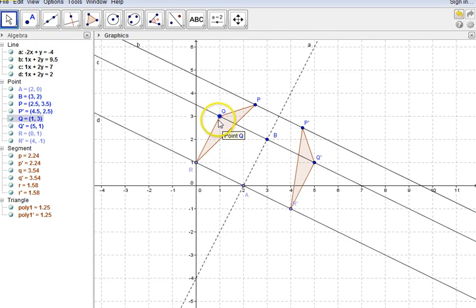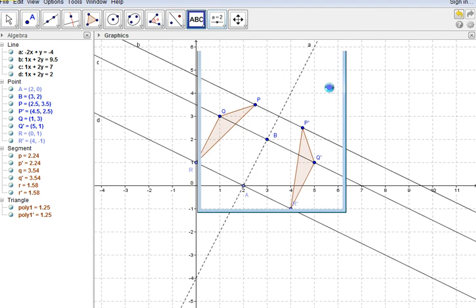Can we determine that? The slope is clearly negative. Down 1, down 2, over 1, 2, 3, 4. So from Q to Q prime, we see the same slope as from R to R prime. P to P prime is a little more difficult to see, but take a look at 3.5 minus 2.5, there's 1. 2.5 minus 4.5, there's -2.